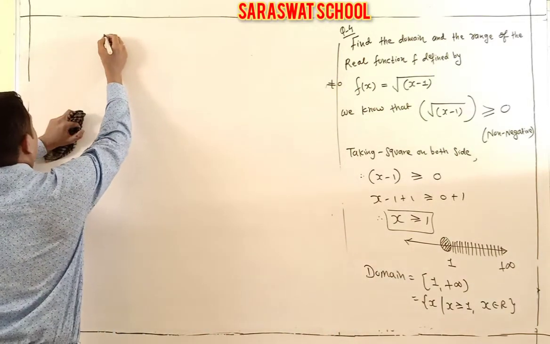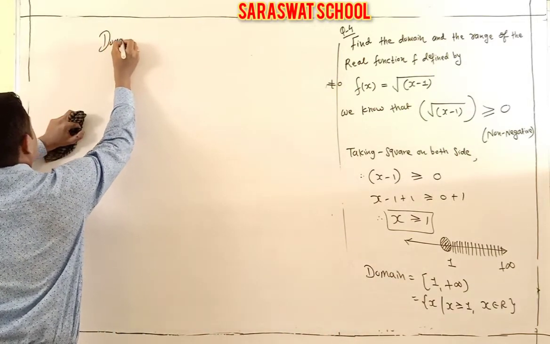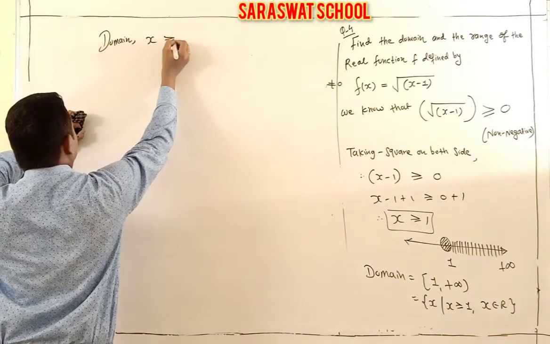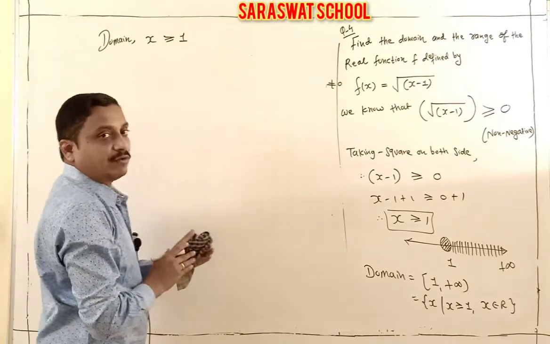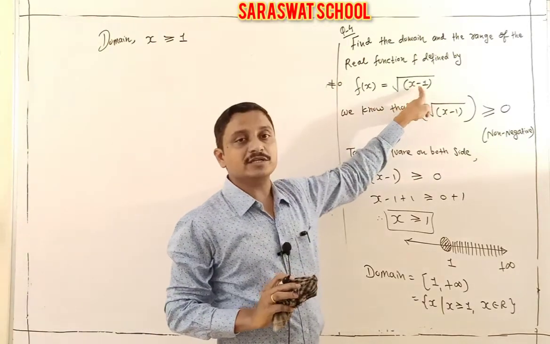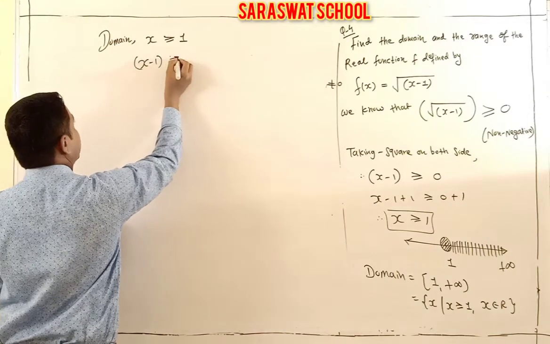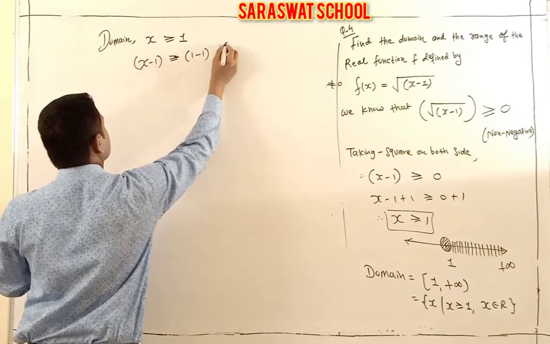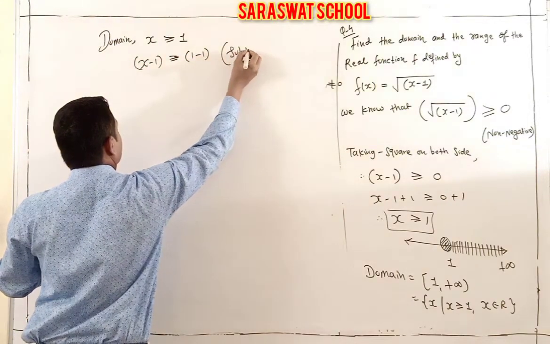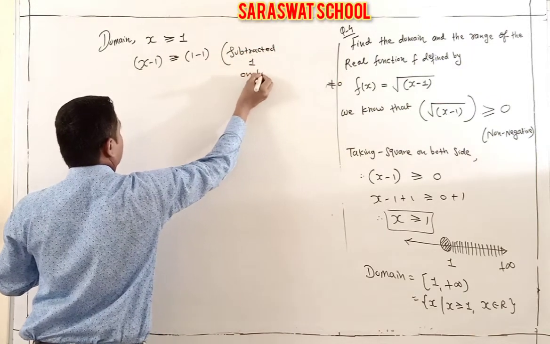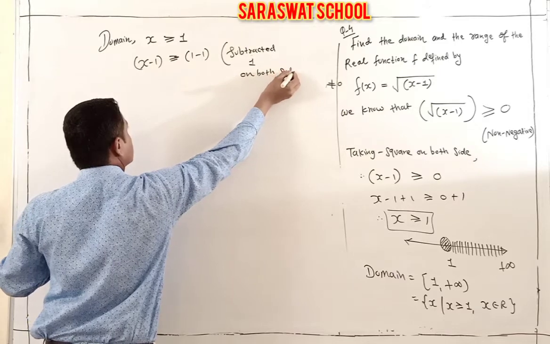So what is the domain again? Repeat. Our domain is x greater than or equal to 1. But I want under root x minus 1, that's why I take subtraction of 1 on both sides. Subtracted 1 on both sides, so what do you get?